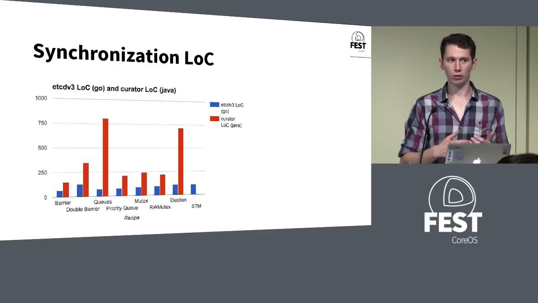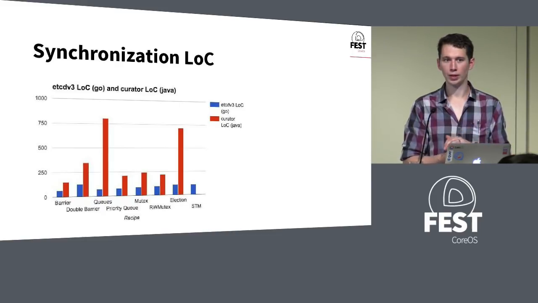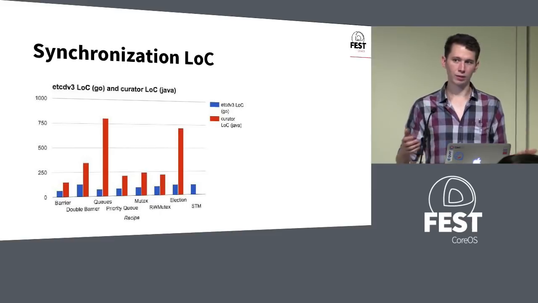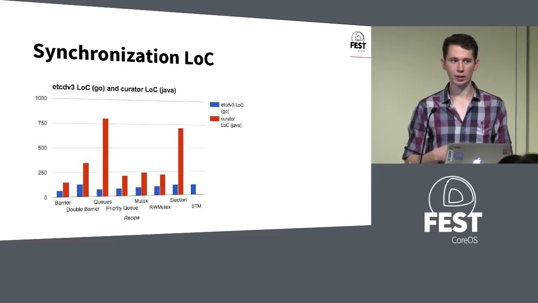This is a line of code comparison between our implementation against the etcd v3 API and the Zookeeper curator implementations of these same data structures and transactional systems. Again, lines of code is not a perfect comparison, but it does give you a sense of how we're able to implement some of these things really effectively against the API.